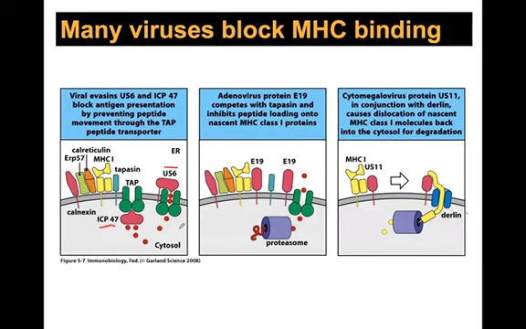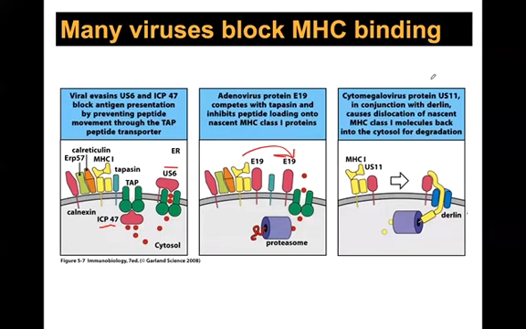The other way that you can do this is to block the MHC associating with TAP. If it does that, then you get far fewer peptides loaded because they're just not right next to the transporter. Adenovirus will do this with the E19 protein. It blocks tapasin binding to MHC1, and so you can't put it next to the TAP.